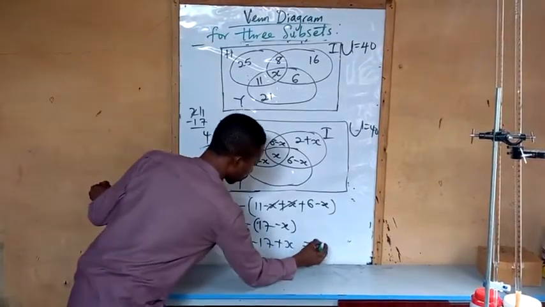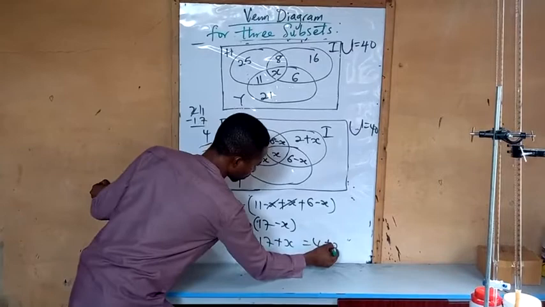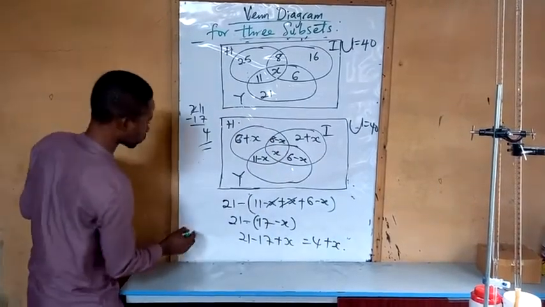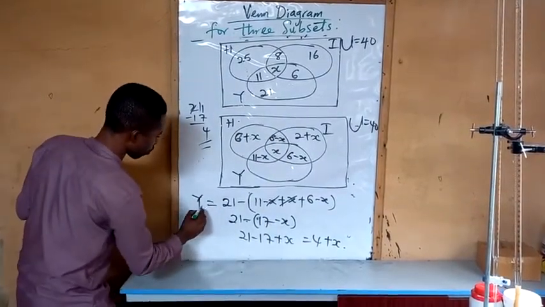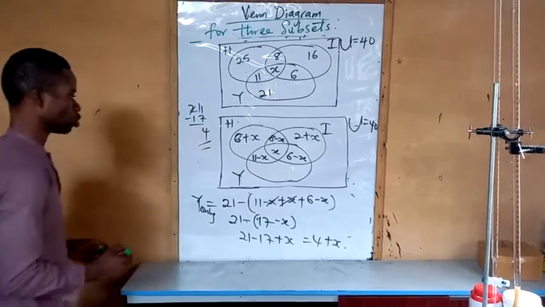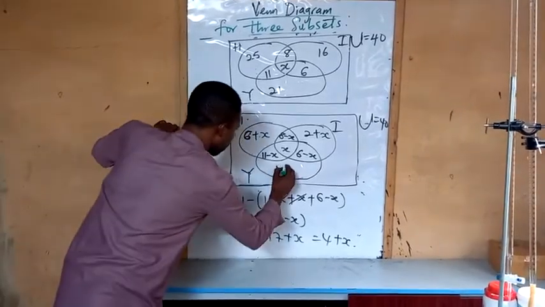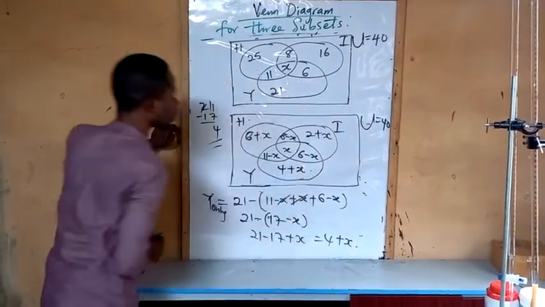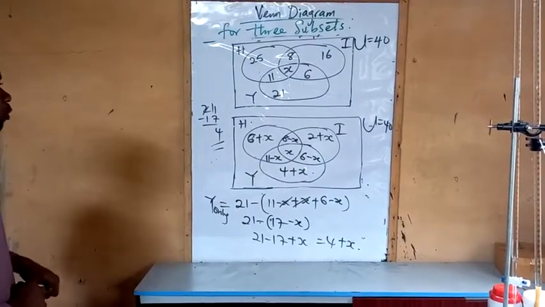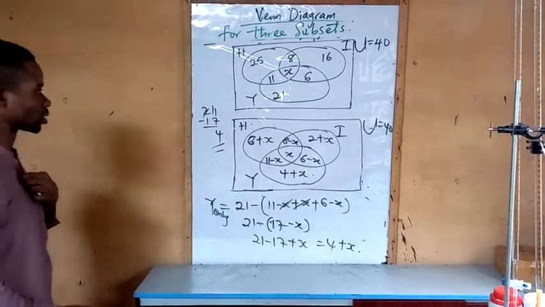That is 4 plus X. Yoruba only is 4 plus X.